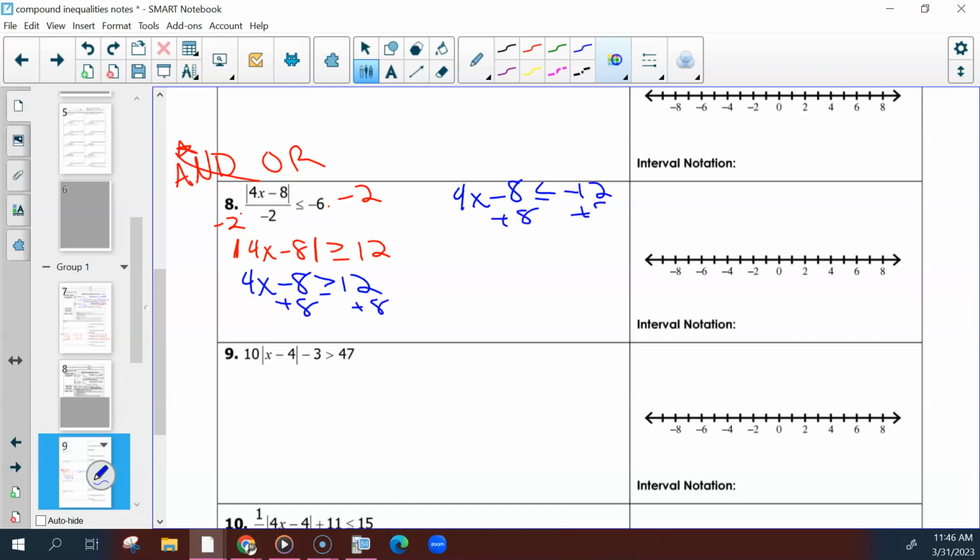Add 8 to both sides. We have 4x is greater than or equal to 20, and 4x is less than or equal to -4. Divide by 4 on both sides. So x is greater than or equal to 5, and x is less than or equal to negative 1.